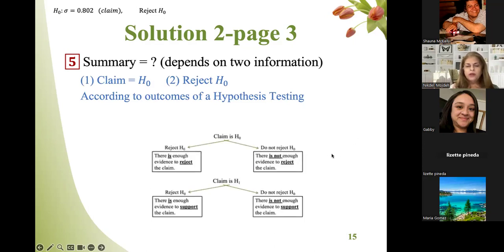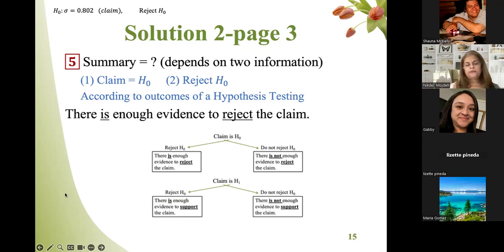Here it is. Which one should I pick? Claim is H0, and I rejected H0. I use the upper left box. Summary: there is enough evidence to reject the claim. Question?